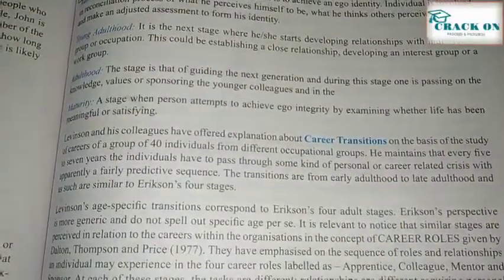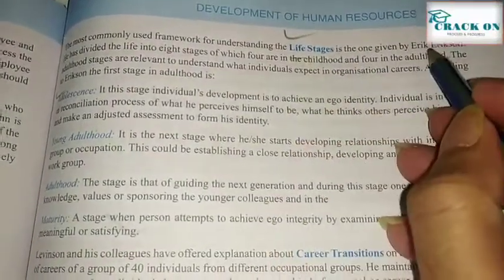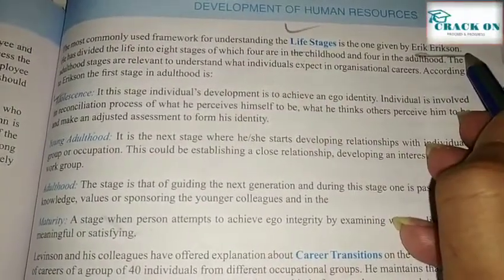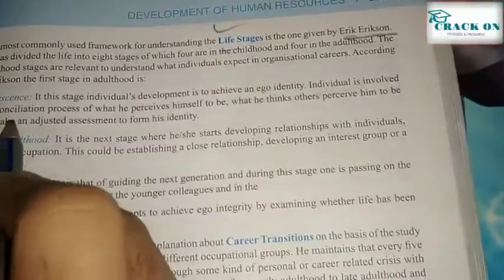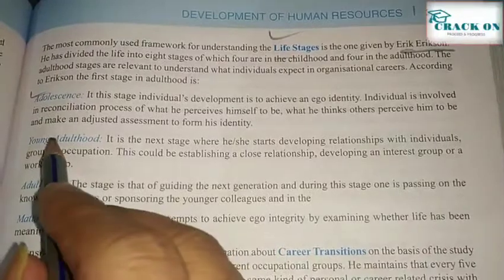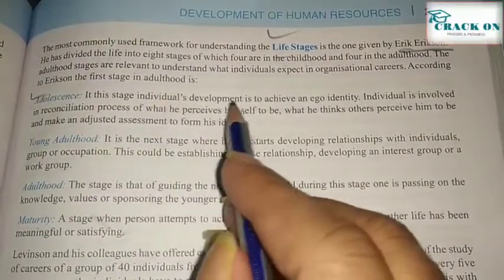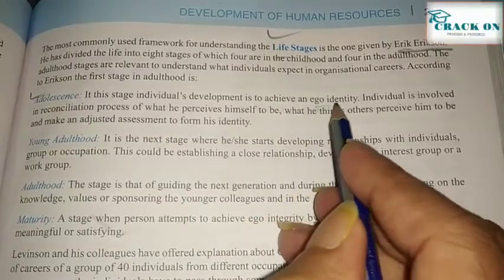Like it's already discussed, there are some life stages given by Erik Erikson, right? There are 4 life stages given by Erik Erikson. Remember this term. First one is adolescence. In this stage, the individual's development is to achieve an ego identity.